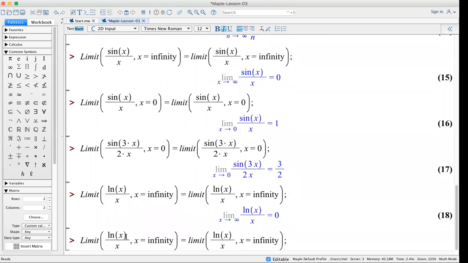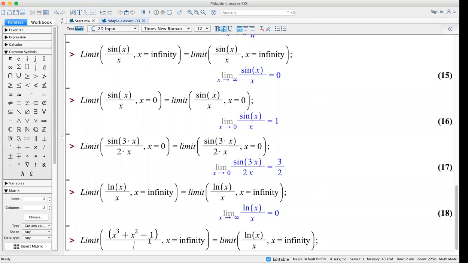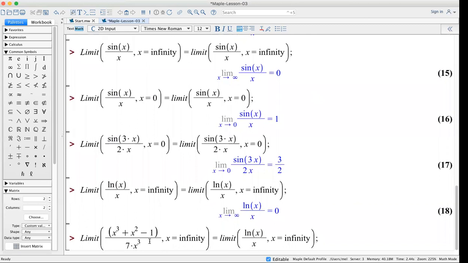Suppose I have a limit of x cubed plus x squared minus 1 divided by 7x cubed plus 20 times x minus 15.